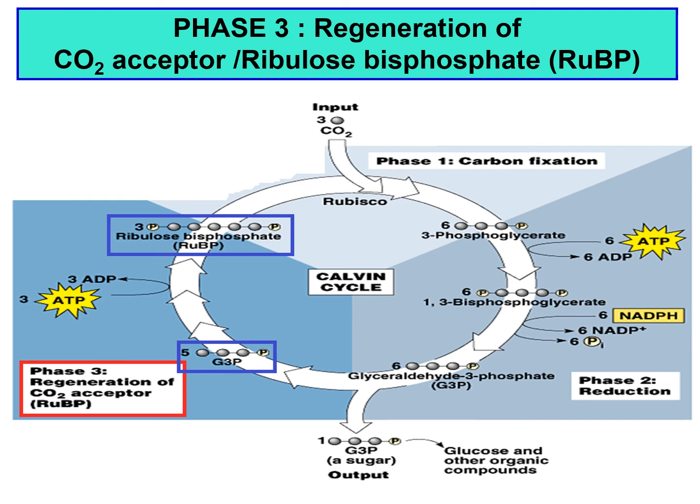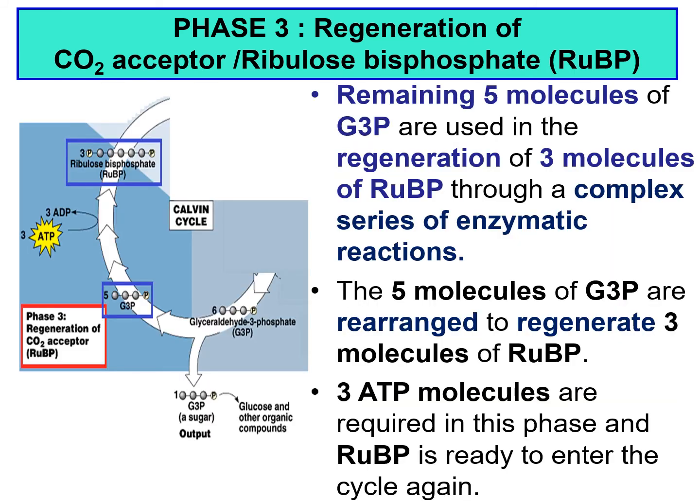Okay, the phase 3, regeneration of the ribulose biphosphate. So the G3P, since we are talking about 6, 1 will go out of the Calvin cycle. Another 5 G3P will be rearranged to regenerate ribulose biphosphate. Since ribulose biphosphate is a 5 carbon molecule, we have 5 molecules of G3P, which is 3 carbon molecules.